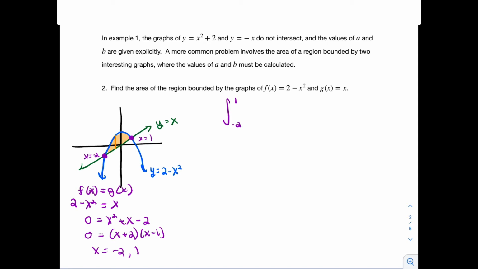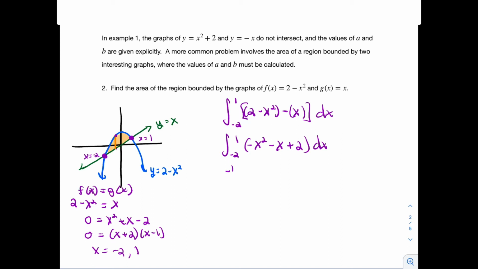Then I look at my representative rectangle. The curve on top is the blue curve, which is 2 minus x squared, minus the curve on bottom, which is the green curve, which is just x. Simplifying that down before I evaluate, I get -x squared minus x plus 2.